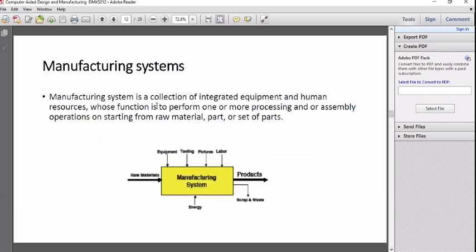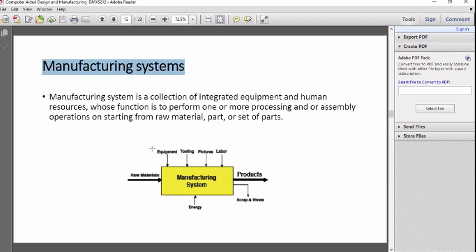And also there are manufacturing systems. So you need to remember what a manufacturing system is. A manufacturing system is also a collection of equipment and human resources, where different kinds of processing operations are done to finish the product. In a manufacturing system, we start from raw material.